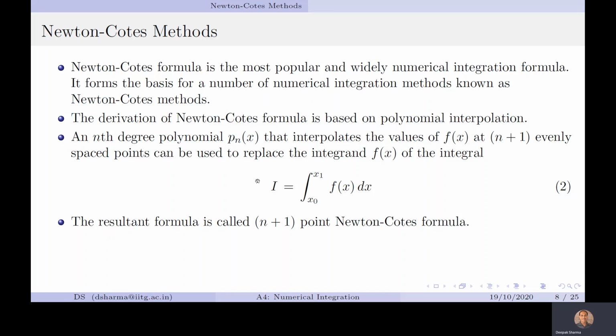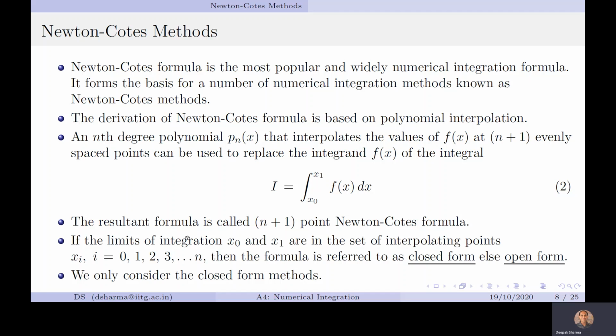So the integral from x0 to x1 of f(x) dx will be substituted by the nth degree polynomial, evaluated at n plus 1 evenly spaced points. The resulting formula is generally referred to as the n plus 1 point Newton-Cotes formula.